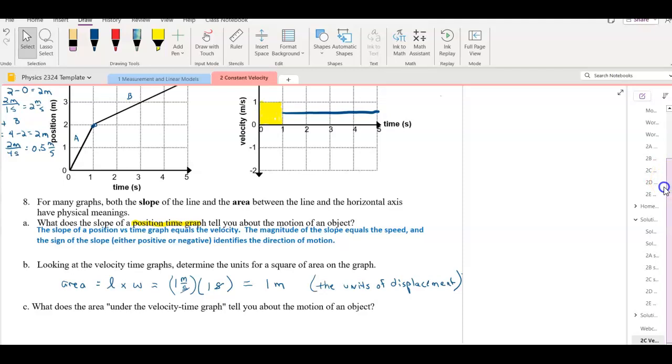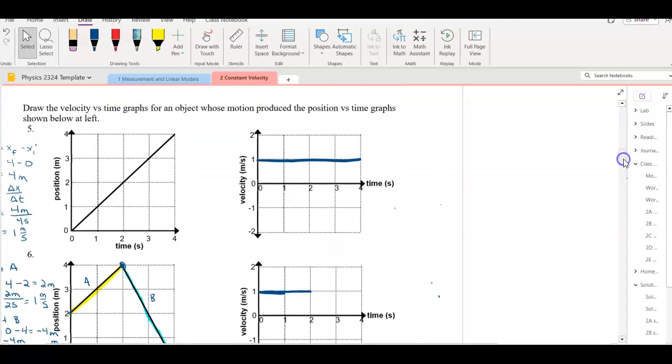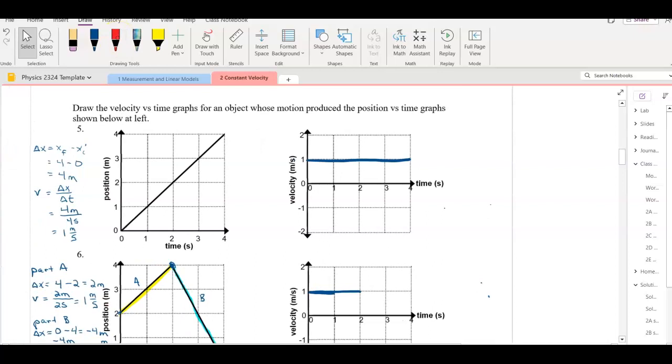And so let's go up and check here. So here in this first graph, if I looked at the area between the x-axis, remember I identify the x-axis as, you know, where the origin is. Okay, so this area, it is 1 meter per second high, and it is 4 seconds wide, and so the area is 4 meters.